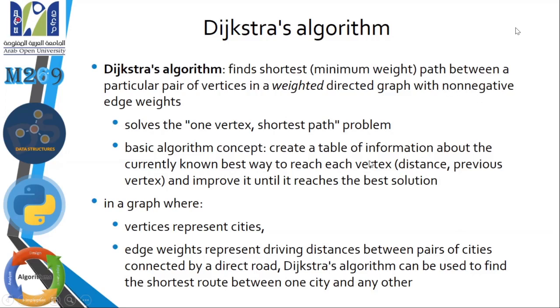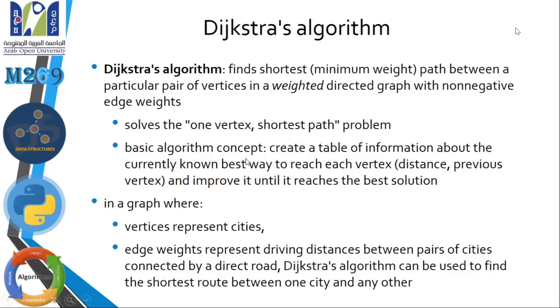Non-negative is a drawback, since negative weights might cause problems. So we deal with non-negative edge weights. It solves the single-source shortest path problem. What is the shortest path to reach from one place to another place? From one vertex to another vertex.